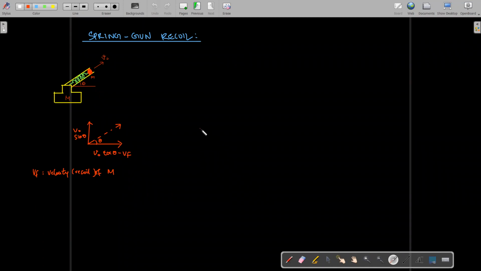So here it is based on the idea that momentum will be conserved. Momentum is conserved because there are no external forces acting on it, right? Though you cannot say it completely, because once the ball is released, we know that it will be tracing a path like this.